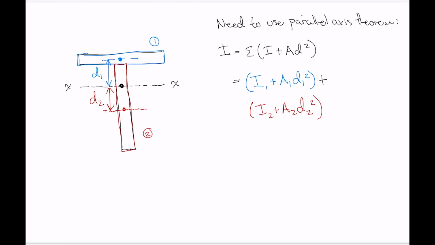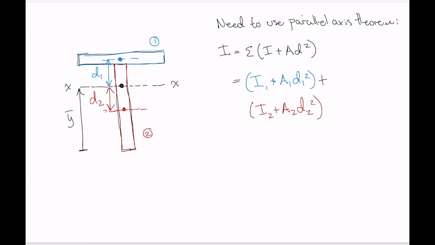The location of the centroid, we always measure relative to some datum, and I always use the bottom of the cross-section just because I like to keep it consistent, but you can do it from the top or any other point, it doesn't matter. The location of that centroid relative to your chosen reference is called y bar.